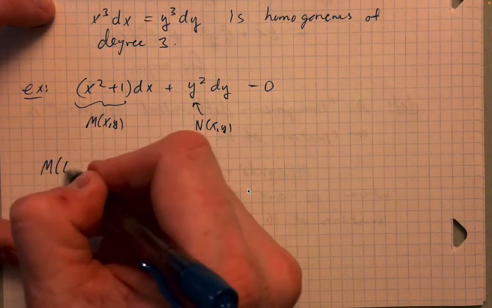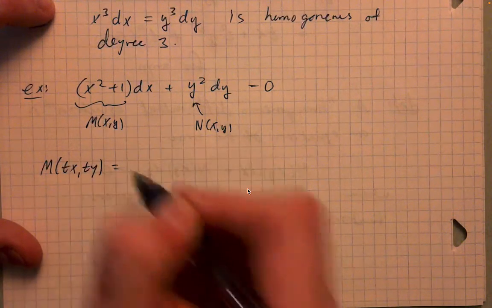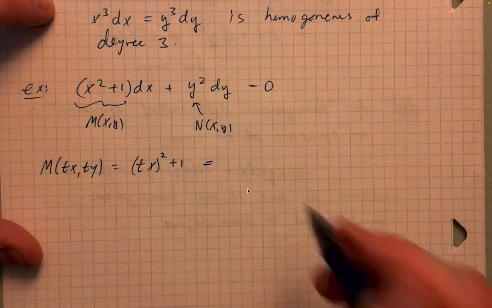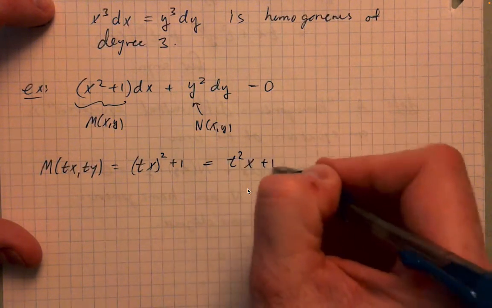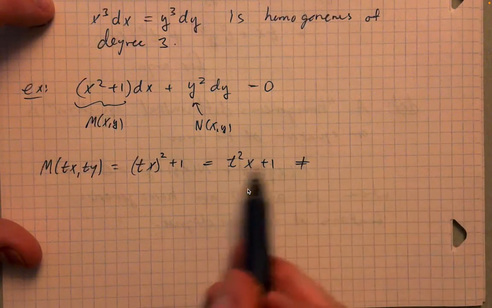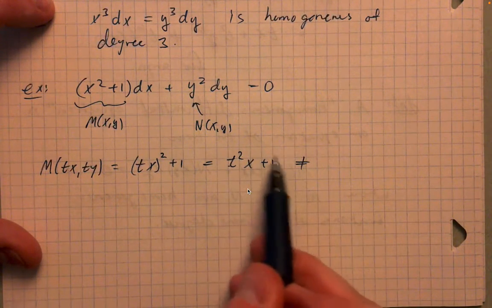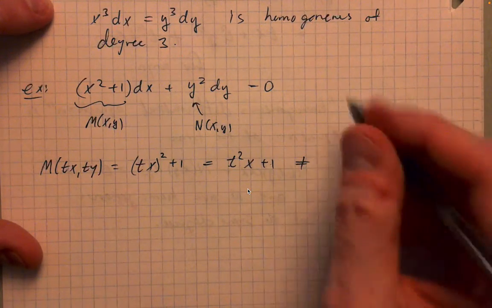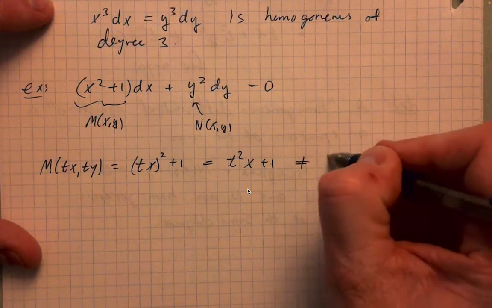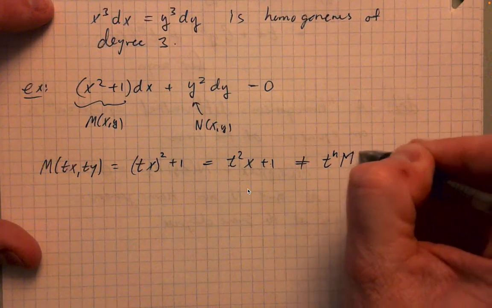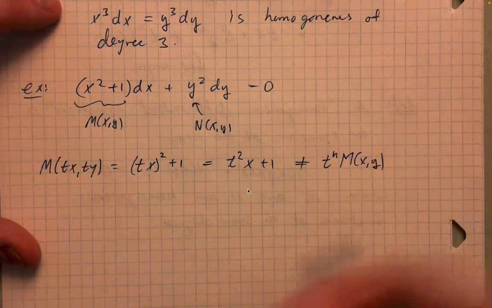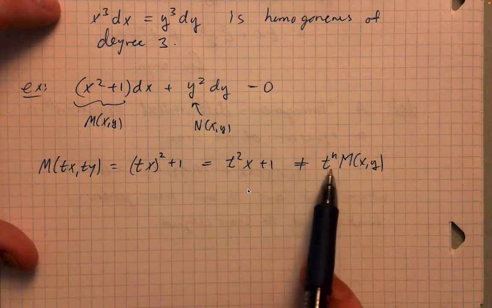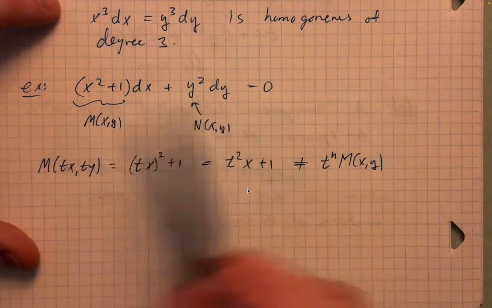And so m of tx, ty would be tx squared plus 1, which is t squared x squared plus 1, and, again, you've got two terms here and t is not in both terms, so you can't factor a t out, or a t squared out in this case. So this is not equal to t squared m of xy, right? So this piece of it, this m, is not homogeneous. And so that's going to mean that the whole thing is not homogeneous.